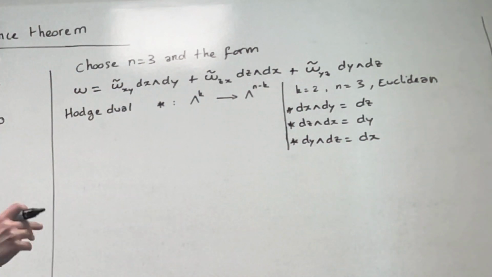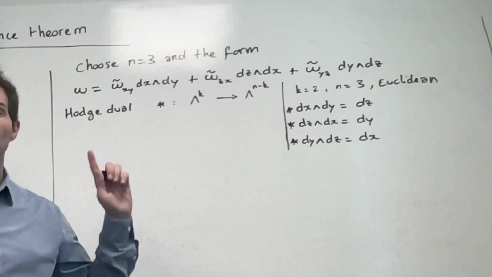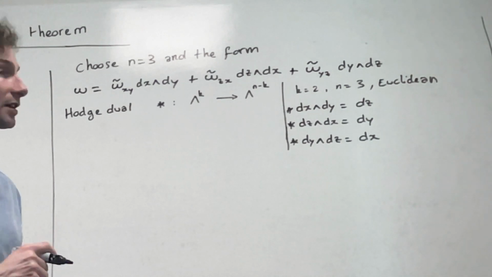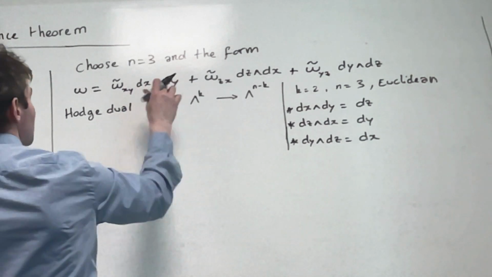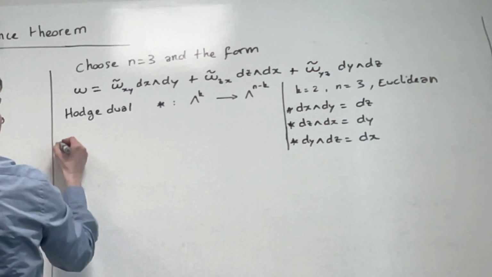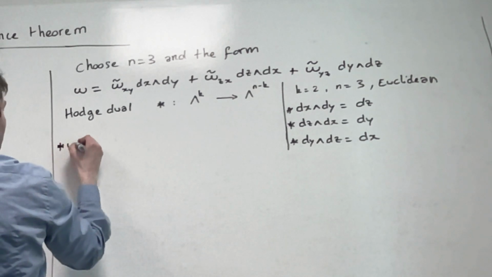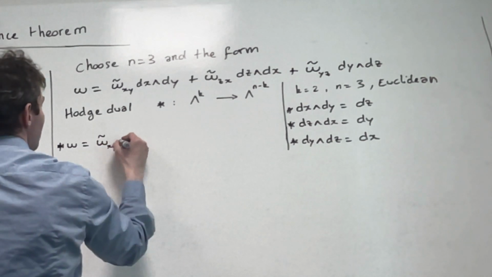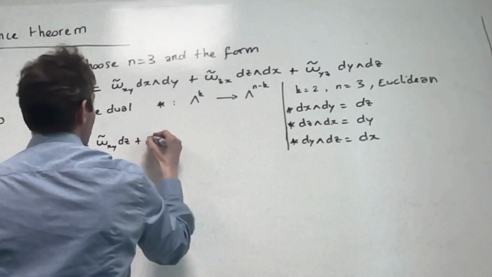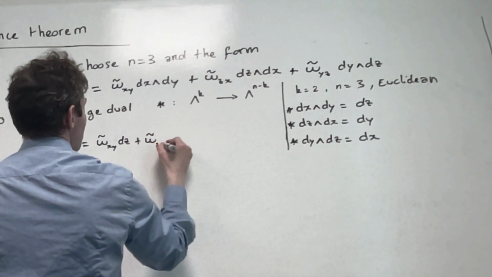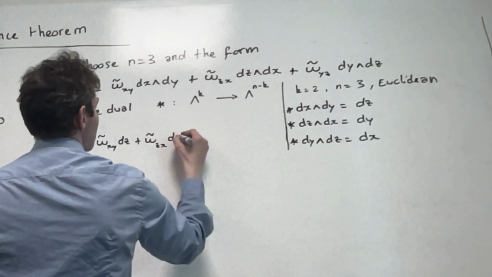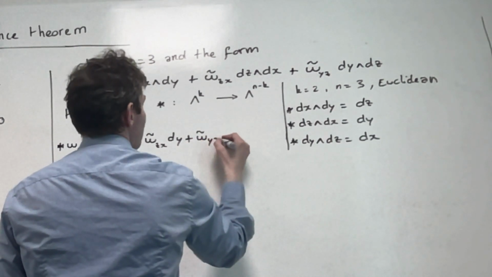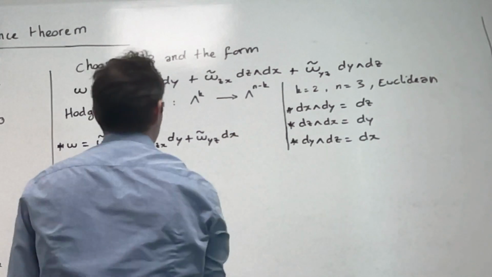And so this is something we've seen in a previous video, so I'm going to put the link to that video here if you want to see how that works. But the bottom line, therefore, is that if I look at star omega, this is going to be omega tilde xy dz plus omega tilde zx dy plus omega tilde yz dx.